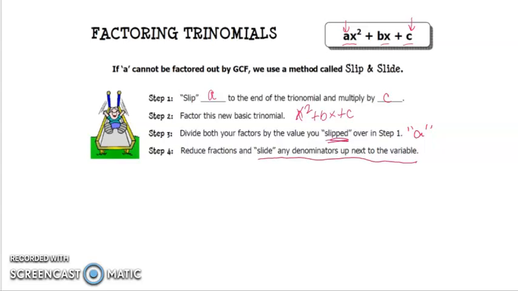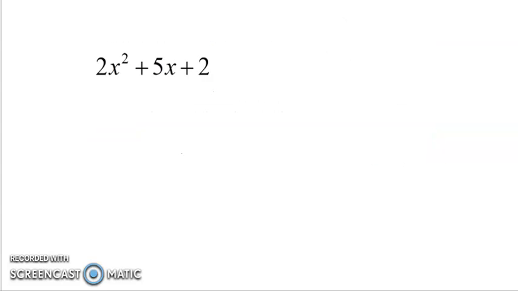Okay? So, our first example, we're going to slide the 2, the a, to the back and multiply. So 2 times 2 is 4. Now we're going to factor this.